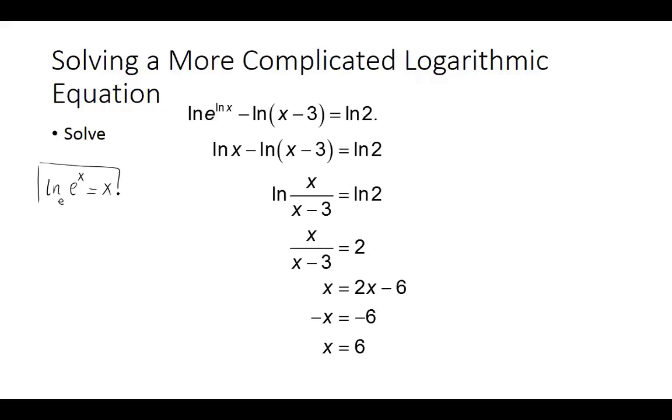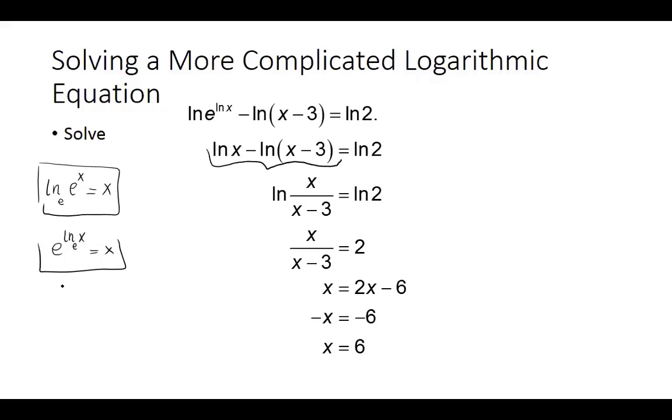That's the first property we're going to use to write this e to the power of natural log of x as just x. This would be just x. This would be the same as saying e to the power of natural log of x is equal to x. Either way would work because the base here is e. All right, here I can combine these.